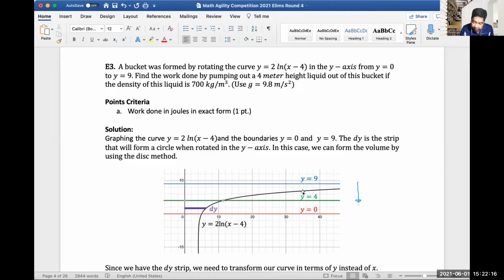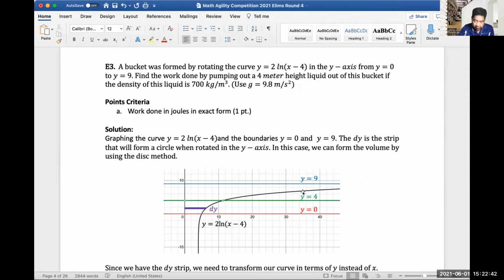As we pump out the water, the level would go below y equals 4 until we reach y equals 0 here, right? So we can represent the distance as 9 minus y from here up to here, up to dy actually.